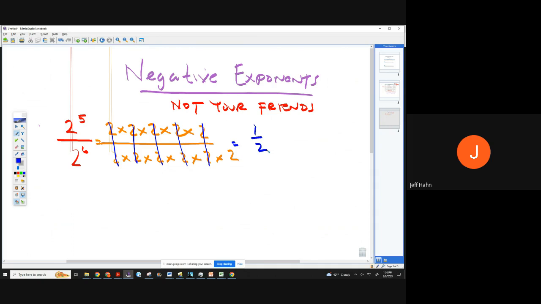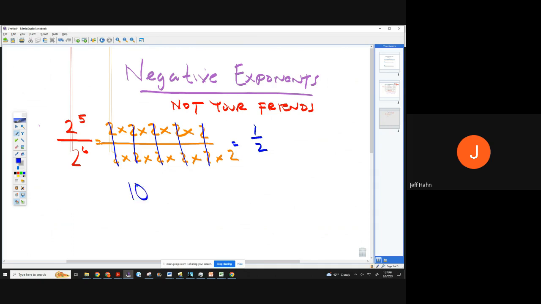That's what it simplifies to. But there's a rule in math that if you have the same base on top and on bottom, and you have exponents there, you can simply subtract the exponents and you get the answer. I should have probably done this first.